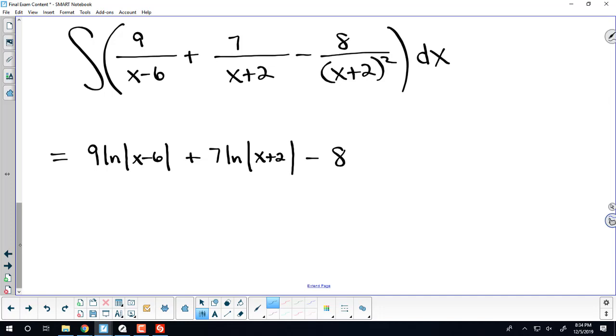Minus 8 times the antiderivative of 1 over x plus 2 squared. That one would be a u substitution.